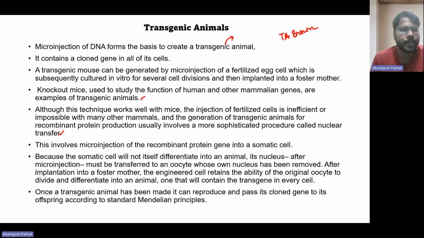It does not ensure that this will generate transgenic mice, and it is a costly method and not an easy method. So for this, another technique is used, which is called nuclear transfer. How does nuclear transfer take place? This involves microinjection of the recombinant protein gene into a somatic cell.